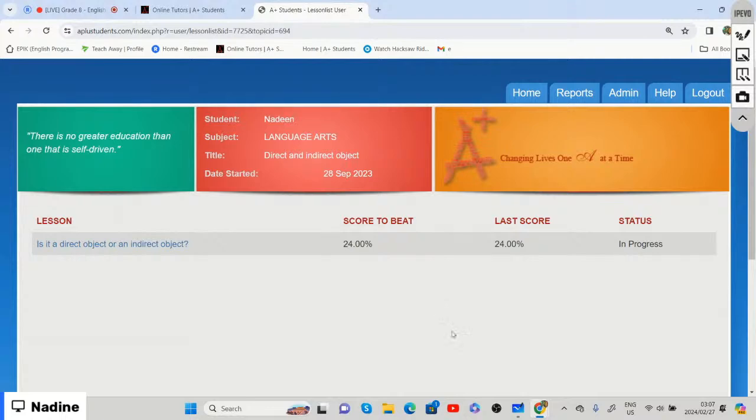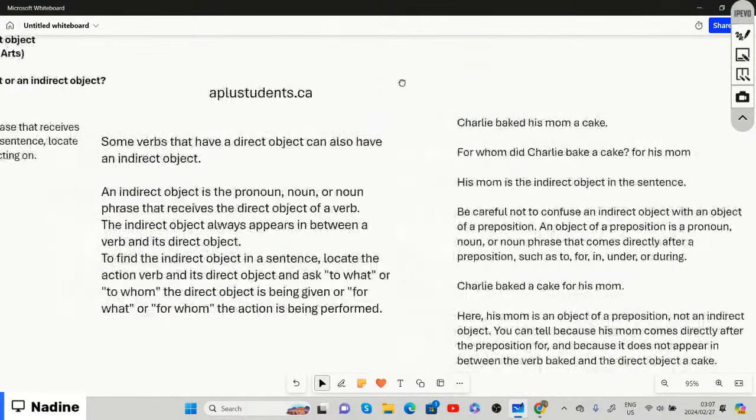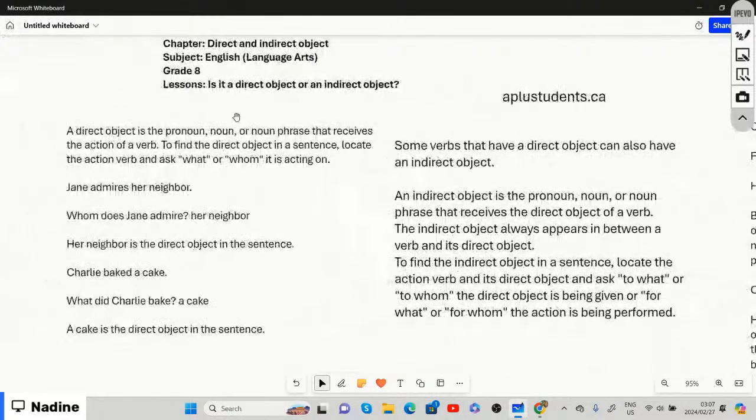All right. So our chapter is direct and indirect objects. Our subject is English language arts, grade 8.